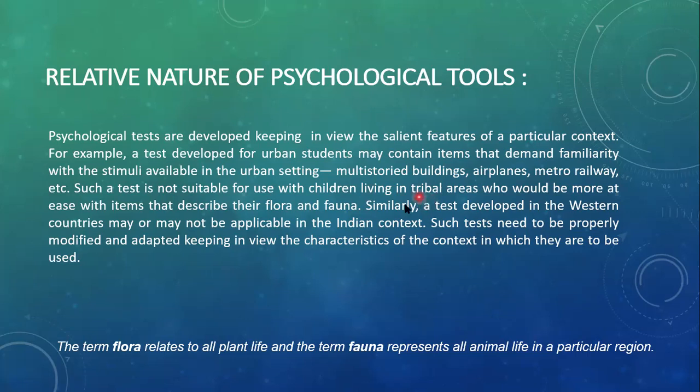Like in urban areas, you may get medical facilities, but in tribal areas, it is difficult, right? So we would be more at ease with items that describe their flora and fauna. So I have given you the flora and fauna. Flora means plant life. Fauna means animal life or living beings.